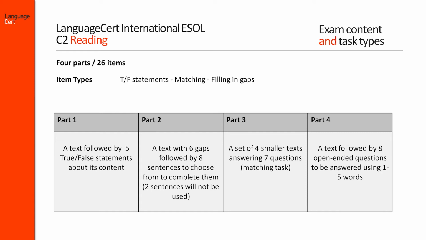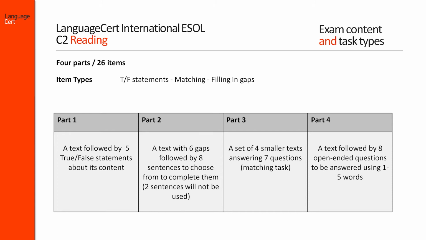Part 1 consists of a text which is followed by 5 true or false statements about its content. The aim of this task is to assess the candidate's ability to understand literary texts, use of emotive language, and texts dense with complex structures.